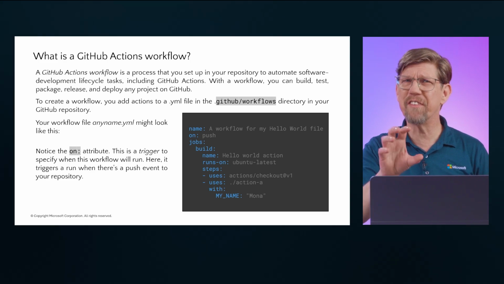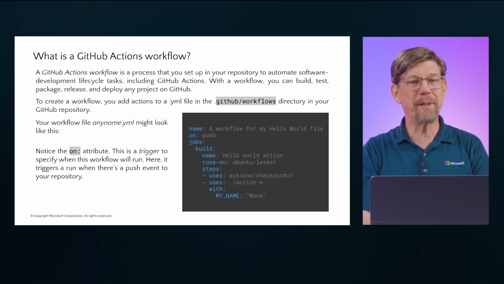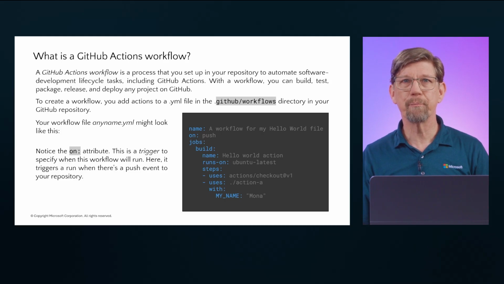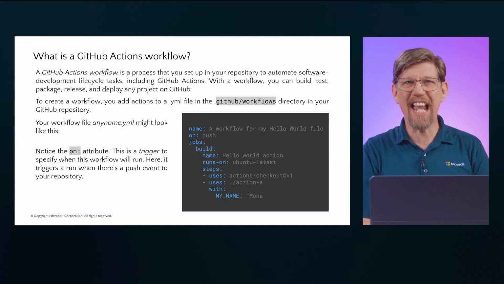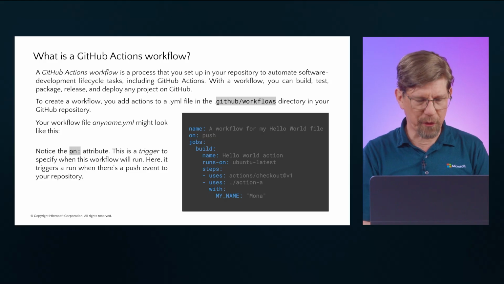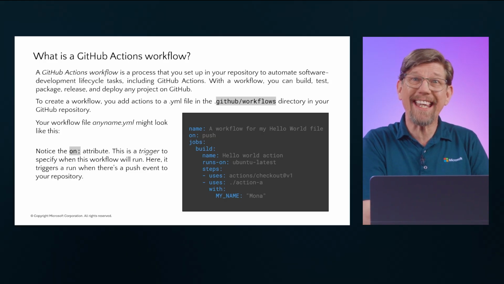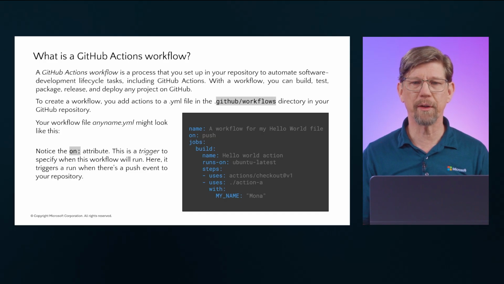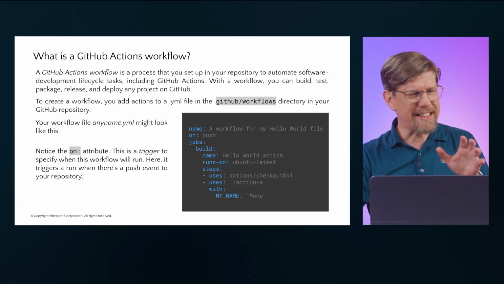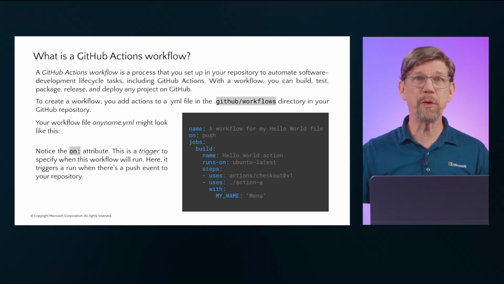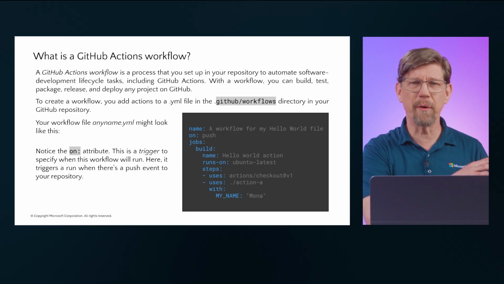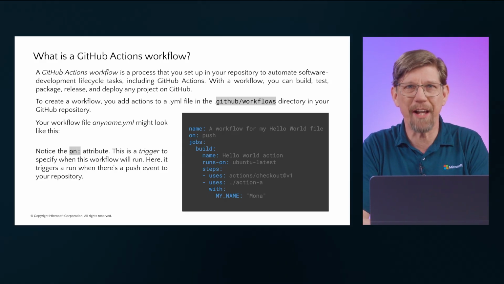And here we have a very small, very simple, but sample workflow. A workflow is going to be a YAML file that you are going to create and that you will then check into your repository. Now, in some products, it really doesn't matter where you check it into your repository, you kind of put them anywhere. With GitHub Actions, it matters.